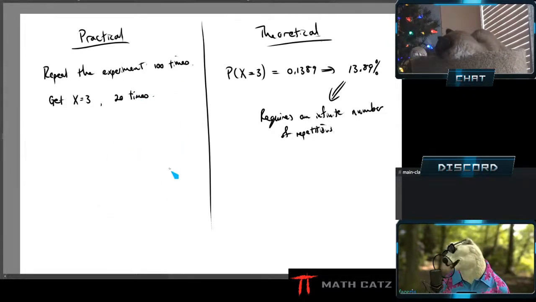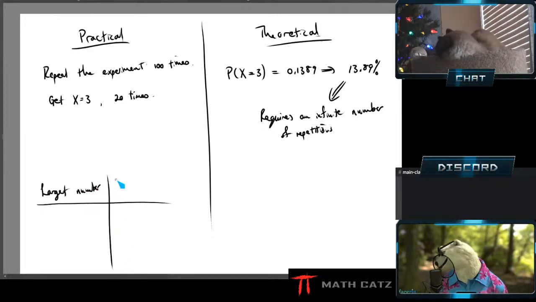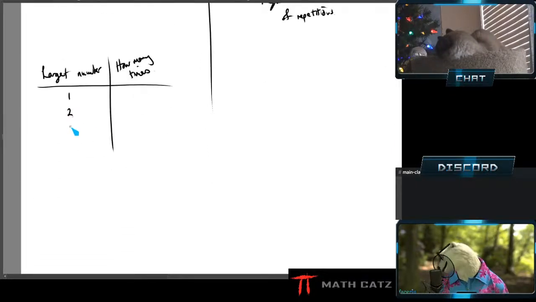Okay? Let's actually have a table here. Let's suppose we got largest number, and then how many times did we get it? So we could get a largest number of 1, 2, 3, 4, 5, and 6.